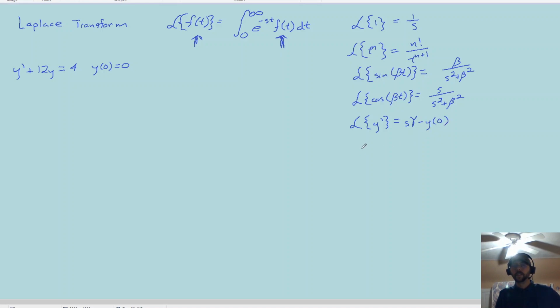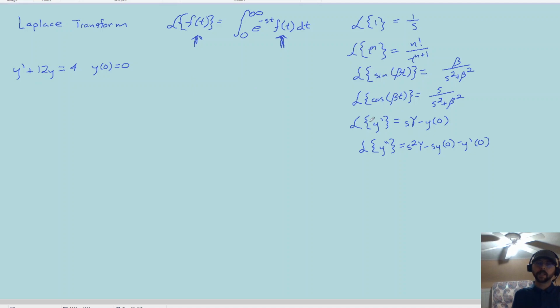The Laplace transform of y, as I said, equals big Y, so I'm not going to write that down. And the Laplace transform of the second derivative of y equals s squared big Y minus s y of 0 minus the derivative of y at 0. So these you will use when solving these actual differential equation problems.